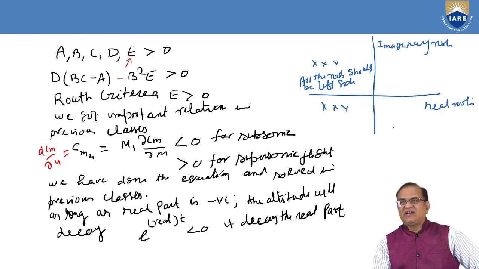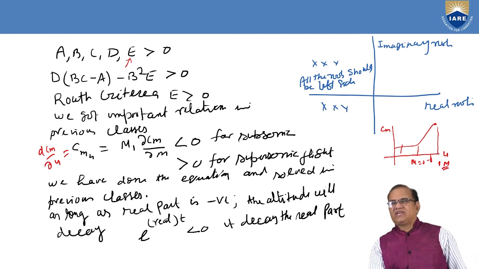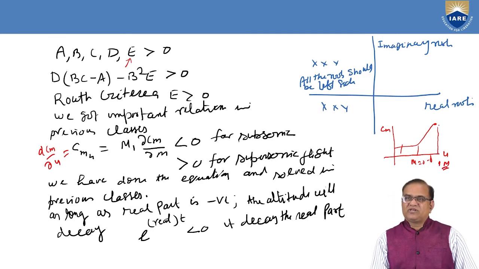So if we draw Cm versus U, mostly it will be like this, then it will go like this. Here it is Mach 0.6 and this will be Mach 1. If it is the supersonic case, beyond Mach 1, it means it will go upward.